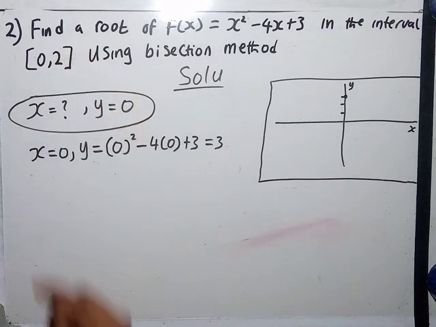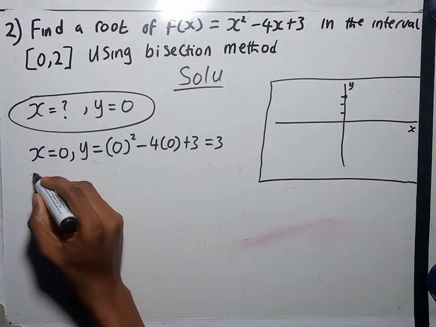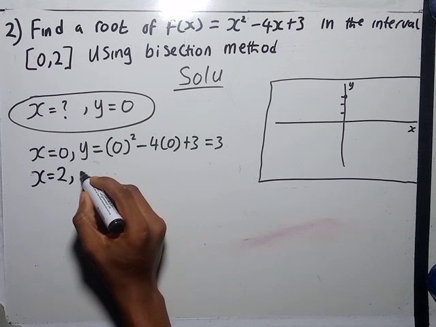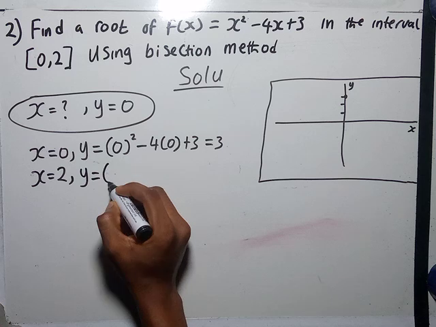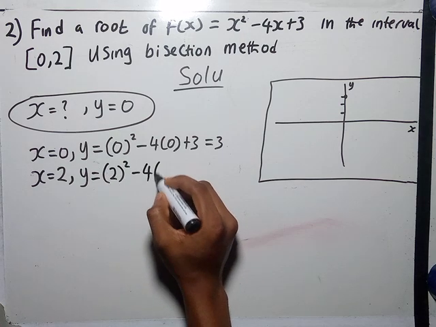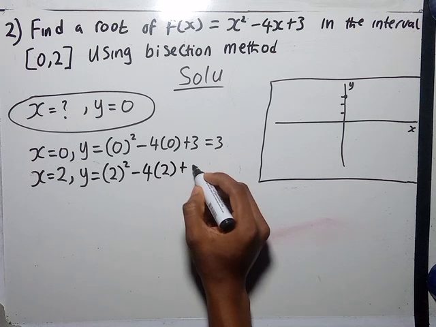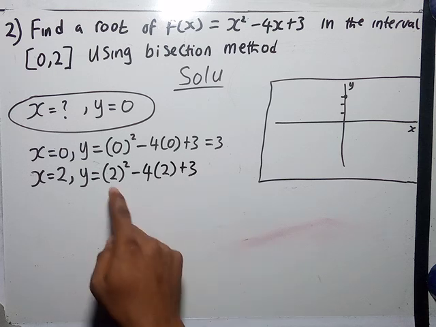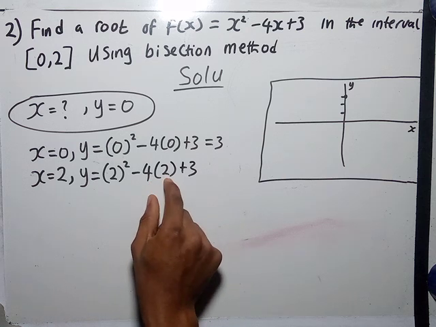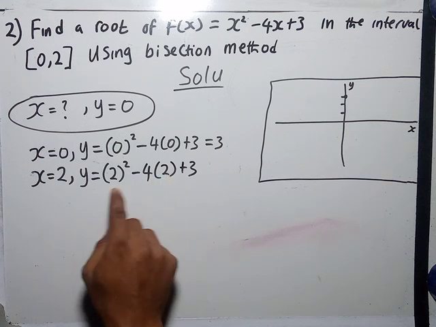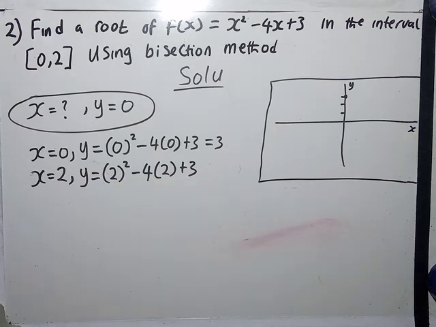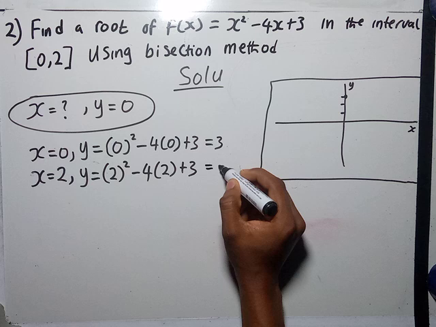For the next point, we have when x is 2. What will y then be? We have 2 squared minus 4 times 2 plus 3. 2 squared is 4, 4 times 2 is 8, 4 minus 8 is minus 4, and minus 4 plus 3 is minus 1.